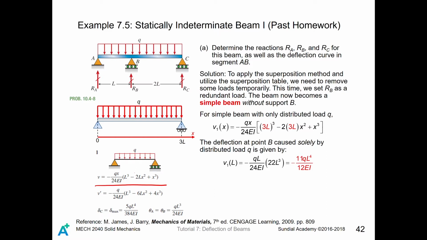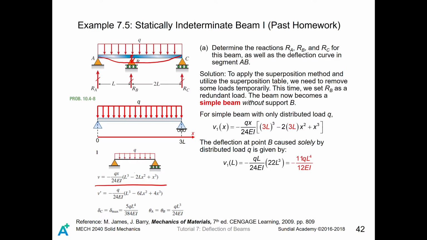Now we have already removed RB and we only account for the deflection caused by the distributed load. It seems there is a deflection over there, but actually there is no deflection. We just count the effect of deflection by each load separately.